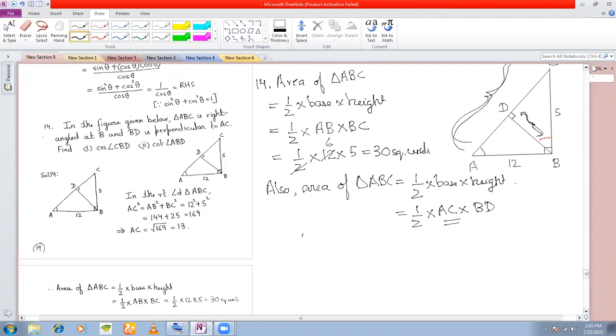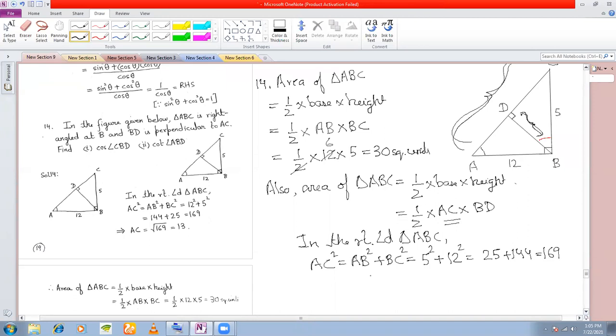Okay, so we say in the right angle triangle ABC, AC square is equal to AB square plus BC square. AB is 5, BC is 12, which is equal to 25 plus 144, which is equal to 169.